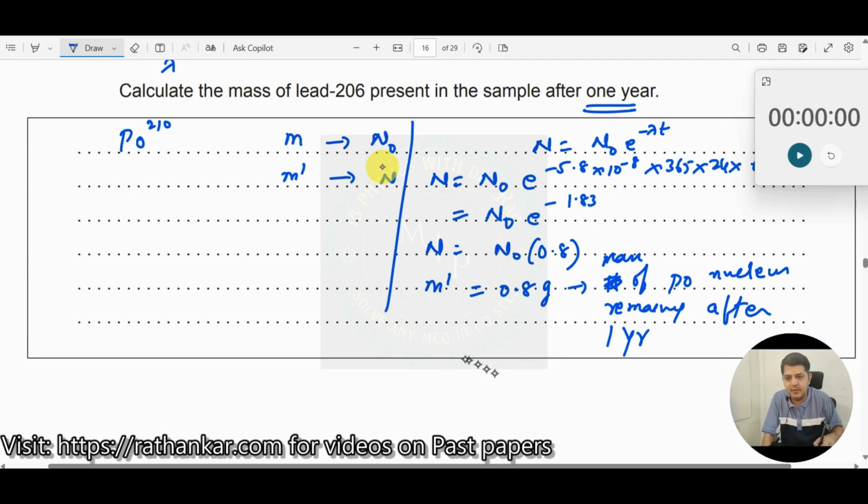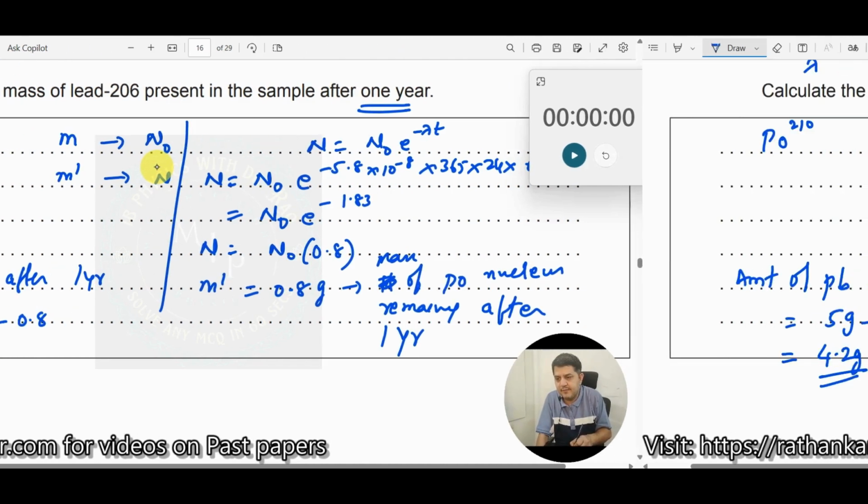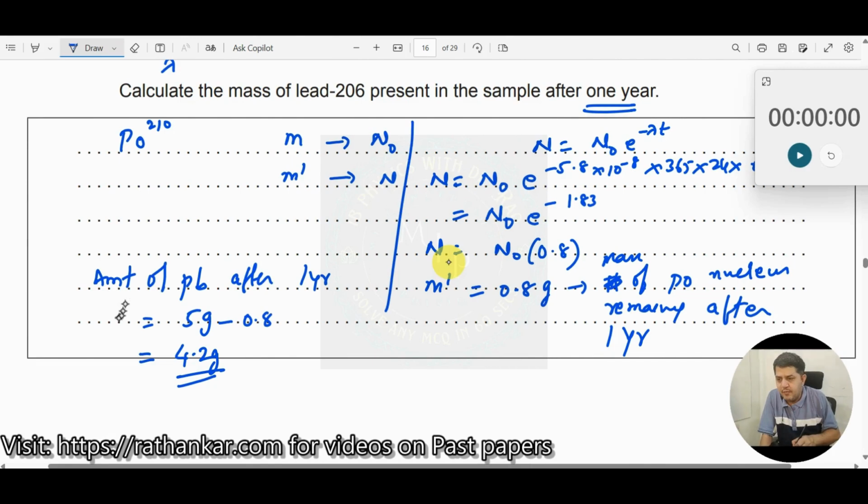So the amount of lead after 1 year is equal to 5 grams minus 0.8, that is, the mass of the polonium minus whatever is left over. This is 4.2 grams.